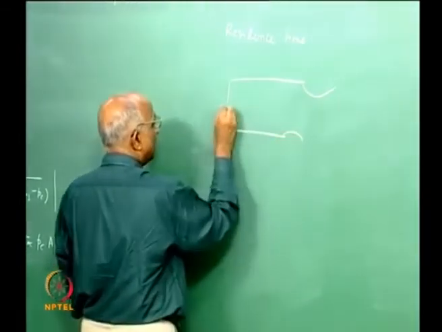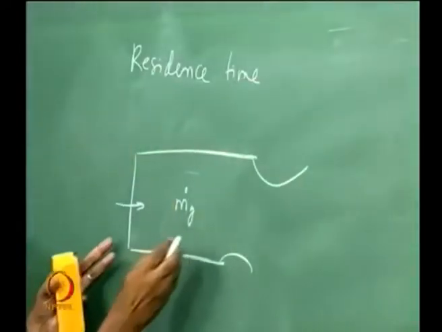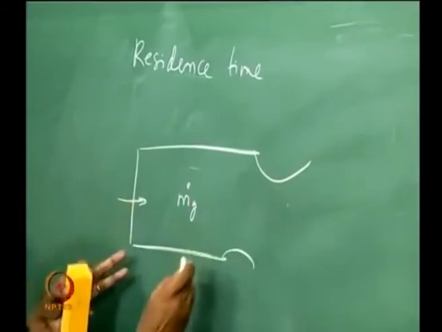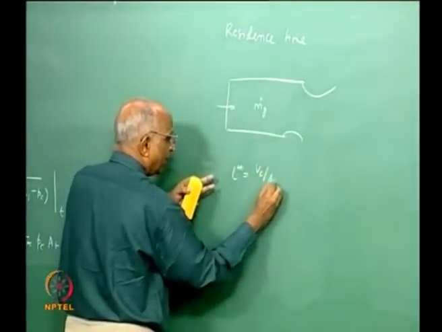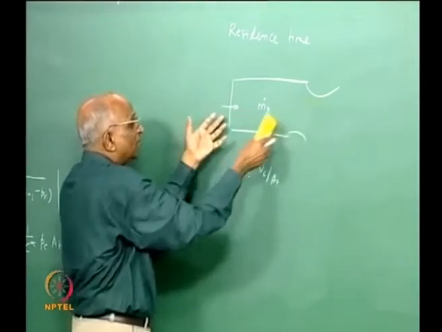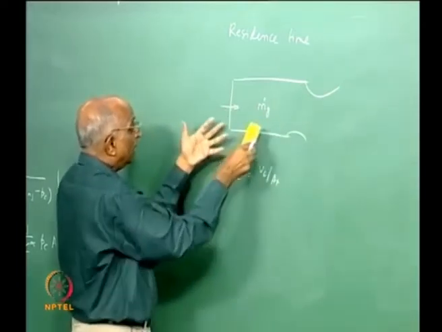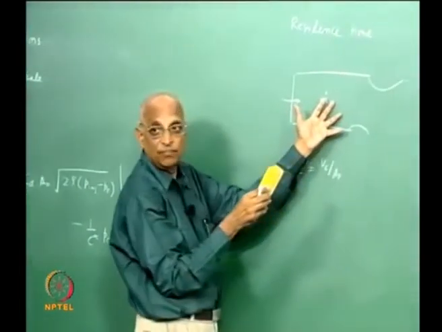Maybe I inject something here, I form gases here, m dot g, and the m dot g stays in the chamber for some time before it is evicted. We said L star is equal to Vc by AT, which gives us the time over which a propellant stays. If the length is large, the gases are going to stay for a longer time, and the chamber can still accommodate a large value of Tc before it becomes unstable.